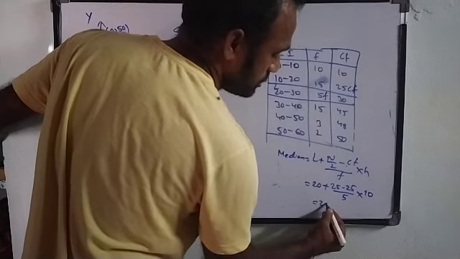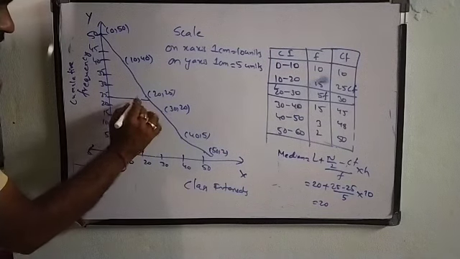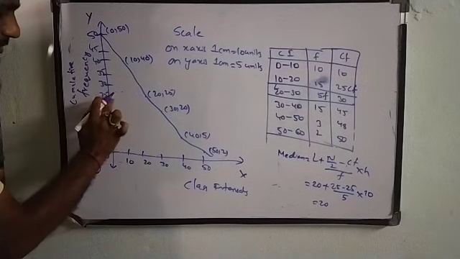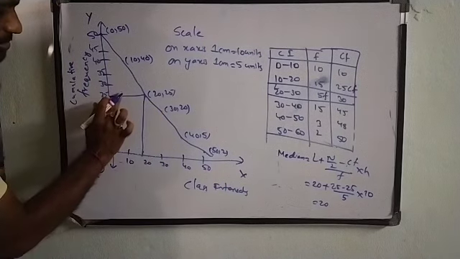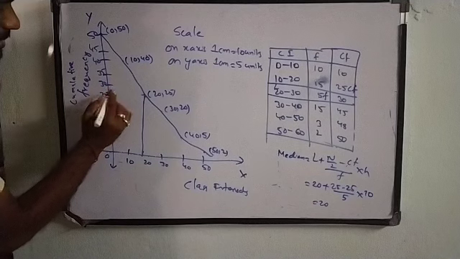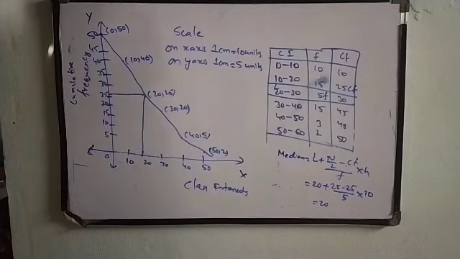So here it is 0. So the median we are getting is 20. So it has to touch the point at 20. So definitely it has to touch the point at 20. Approximately we have drawn it. So this is called the median.